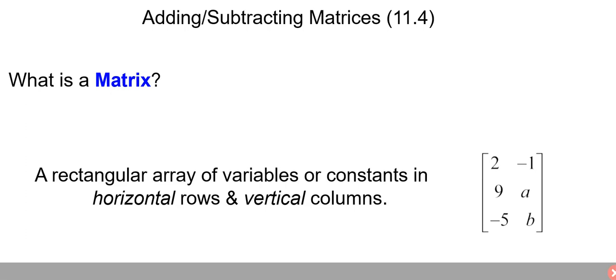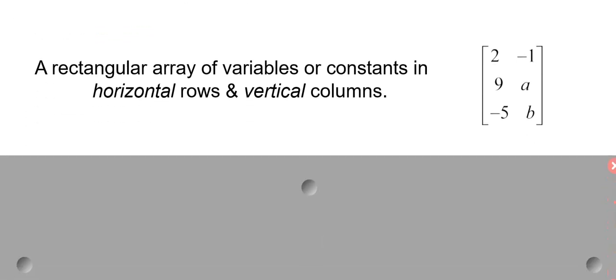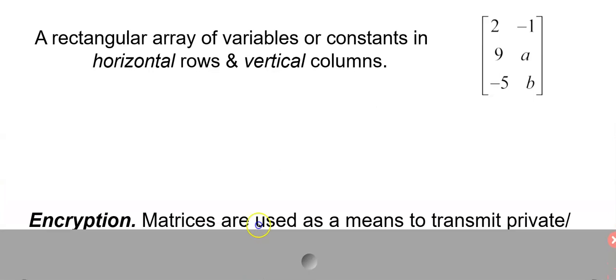When you enter your credit card number to buy something off Amazon, it doesn't just go through the internet to Amazon. It goes through an encryption process, and typically they use matrices in these encryption processes. It takes a large amount of data and encrypts it so that it's a very safe way to send data.